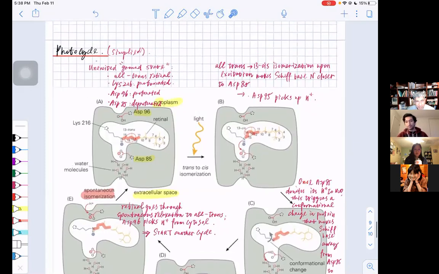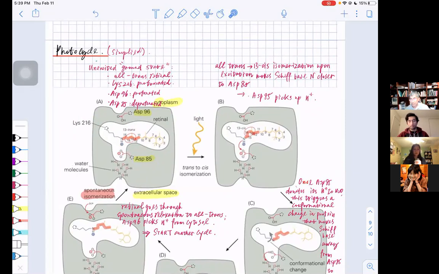Sure, thank you. All right, so let's put everything together in this photocycle, and we can see in this unexcited ground state, all the retinol is in its all-trans conformation. Our lysine 216 is protonated, the aspartate 96 is protonated, and aspartate 85 is deprotonated.